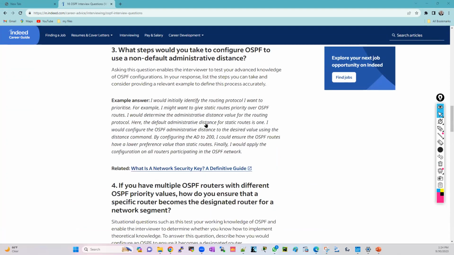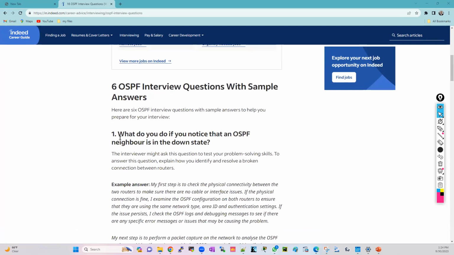So let's see the first question. What do you do if you notice that an OSPF neighbor is in down state? What do you do? This question is majorly for network engineers.